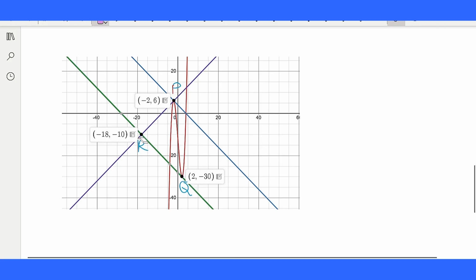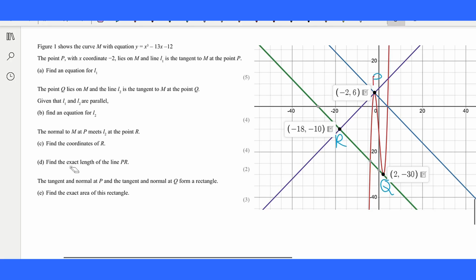Now let's move on. Okay guys, now question D, find the exact length of line PR. For this we just have to use the formula for the length between 2 points.